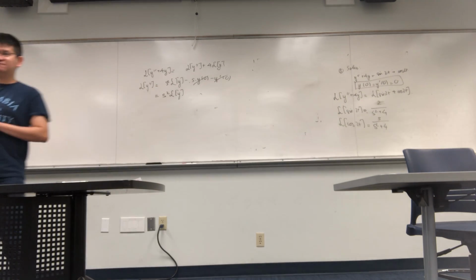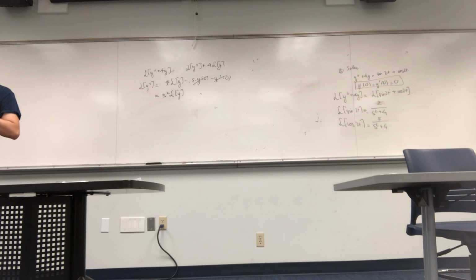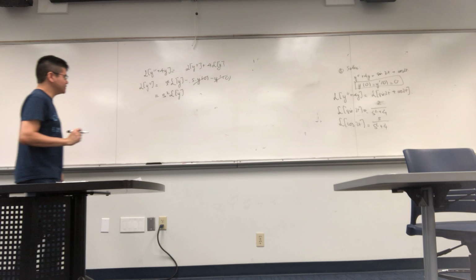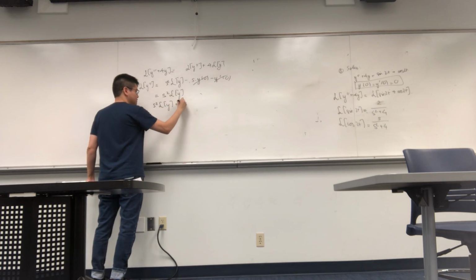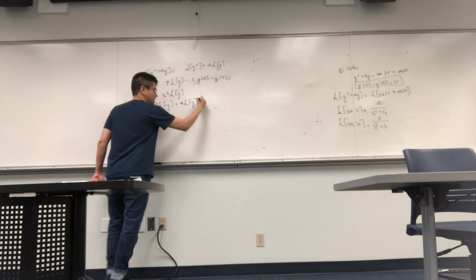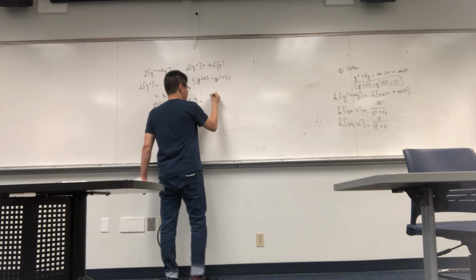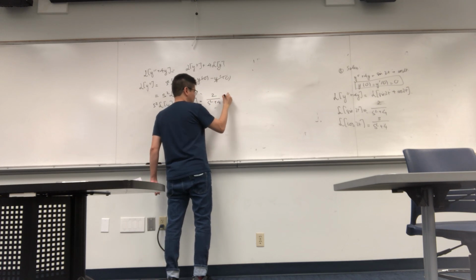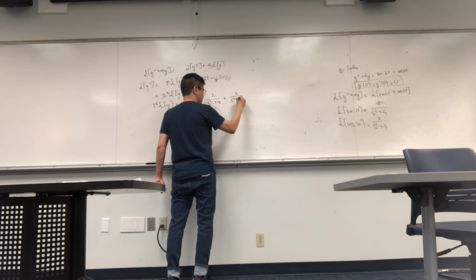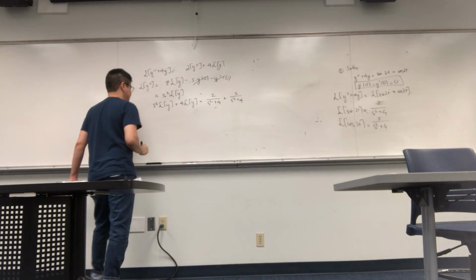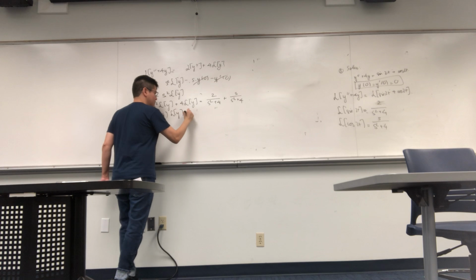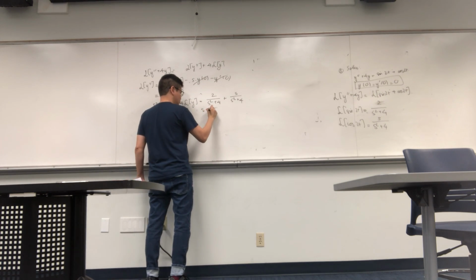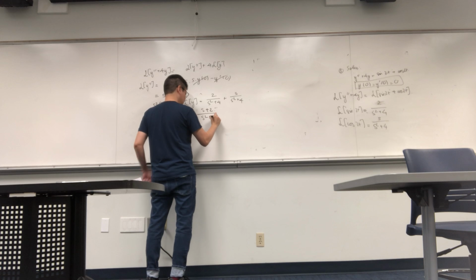What is the next step? Factor out the Laplace transform of y. Now I put everything into the equation. I have s squared times the Laplace transform of y plus 4 times the Laplace transform of y is equal to 2 over s squared plus 4 plus s over s squared plus 4. All right. Now I have (s squared plus 4) times the Laplace transform of y is equal to (s plus 2) over (s squared plus 4).